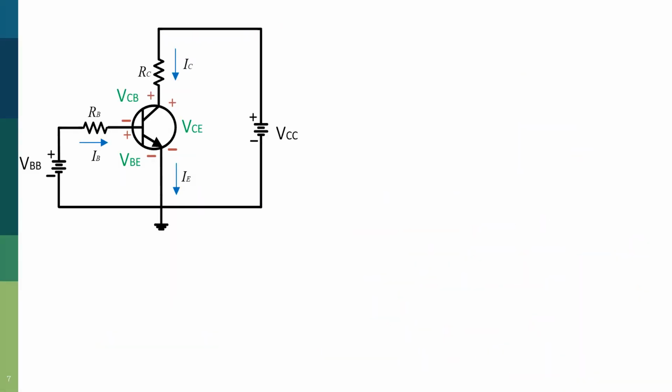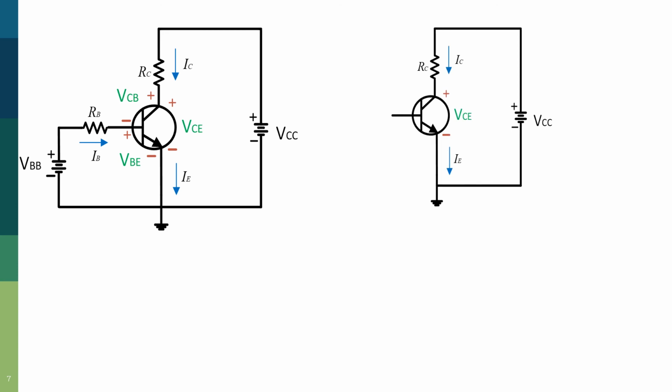Now let's consider the second part of the circuit to find the VCE. Again using KVL, we get minus VCC plus VRC plus VCE equals 0.